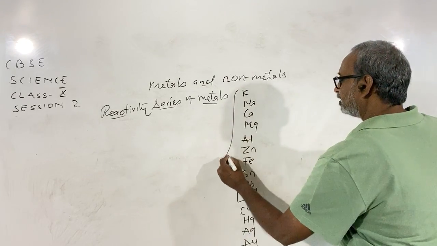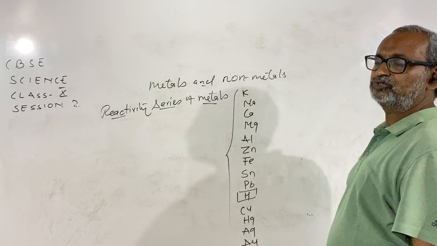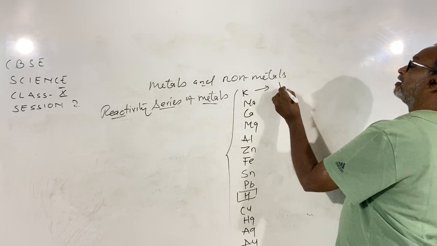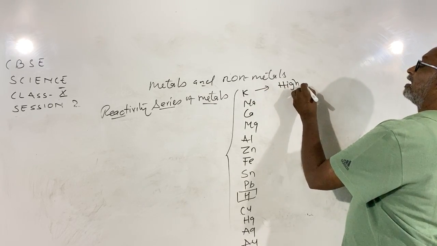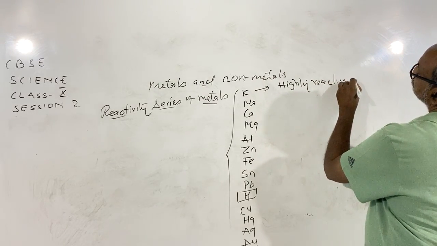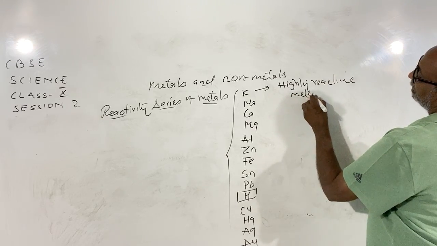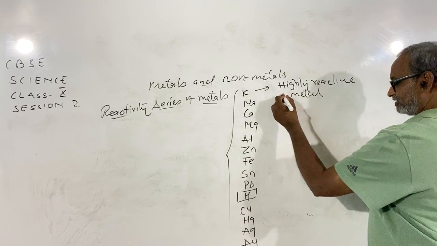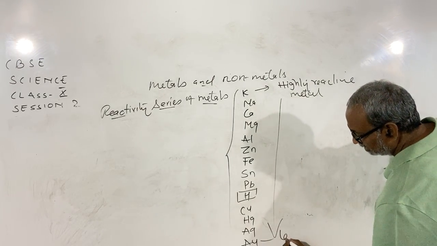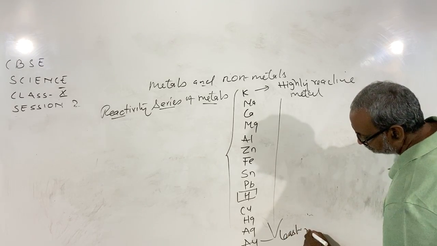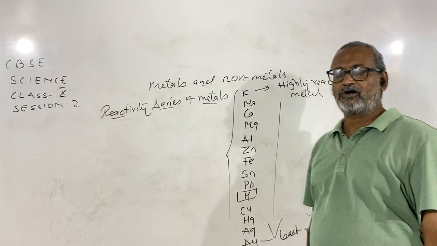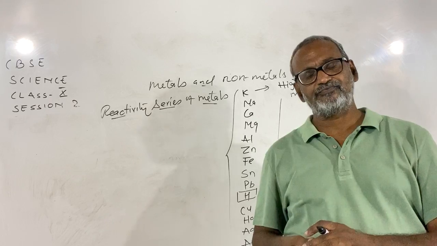So this is the reactivity series of most common metals. Potassium is a highly reactive metal. The reactivity decreases down the series, and then we have the least reactive metal at the bottom. So this arrangement is what we call the reactivity series of metals.